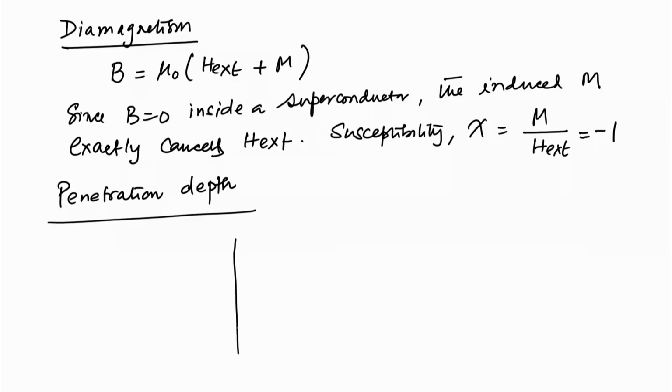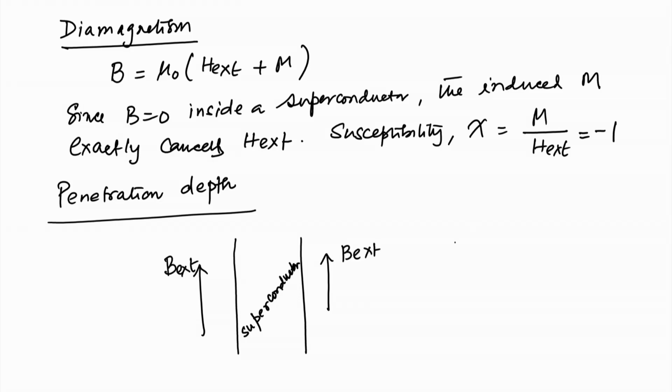Now, consider the following geometry to compute the distance through which it penetrates. So, this is the superconductor, and one has applied an external magnetic field here, and let us call this direction x and this direction y. So, this is the geometry of the sample.